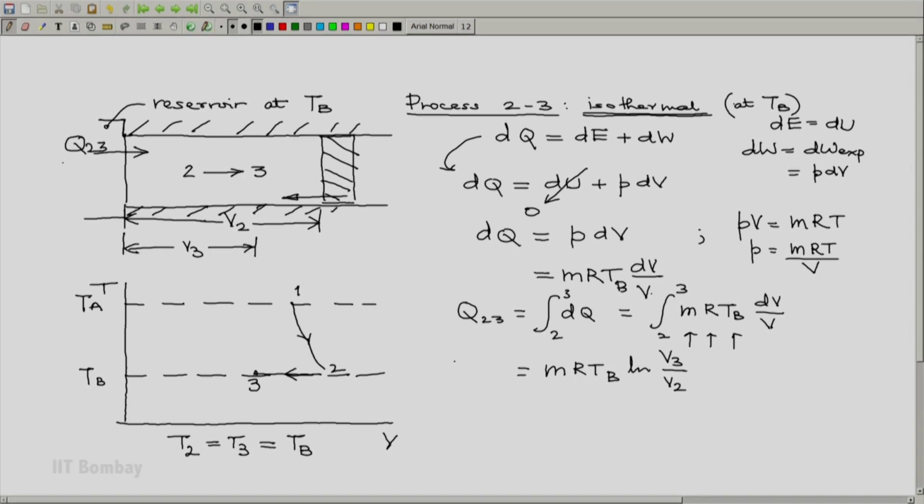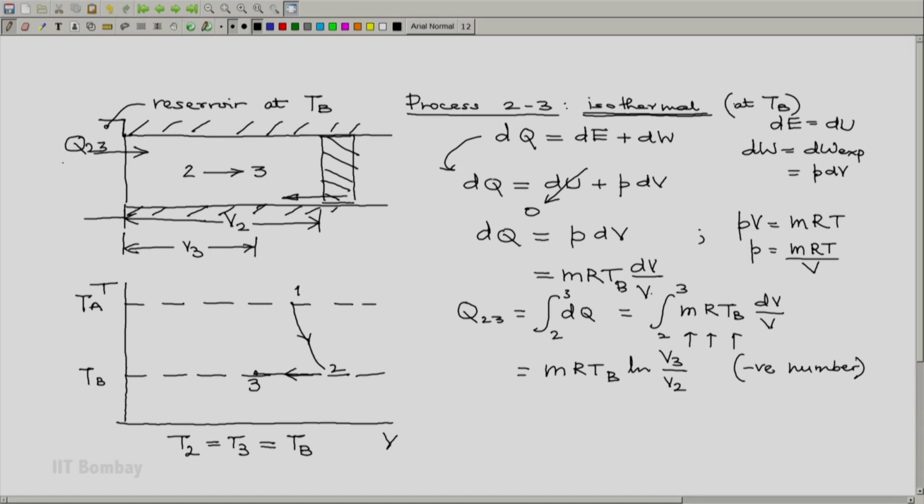Notice that Q23 is, by our sign convention, the heat absorbed by the system, but since V3 is less than V2, it is an isothermal compression process, this is a negative number.